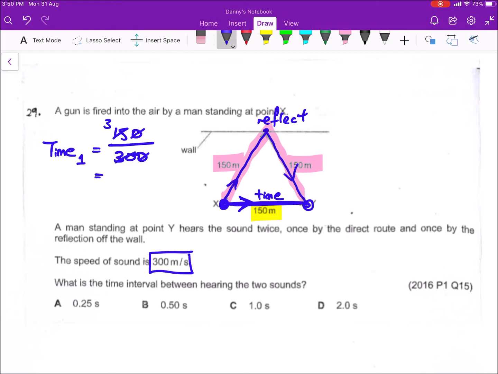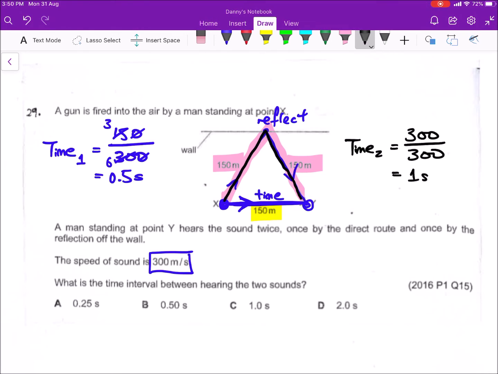This is 3, this is 6, so it will be 0.5 seconds. Now, when the sound goes by this path, let's call this path number 2. Time 2 is given by a total distance of 300. Speed is 300, so time 2 will be 1 second.